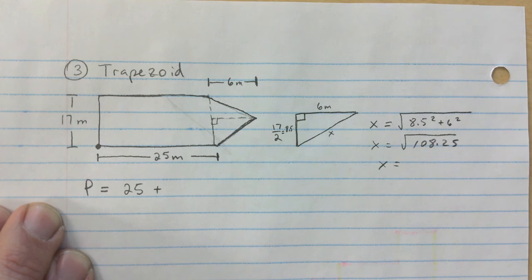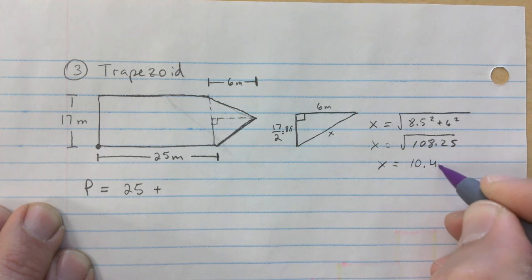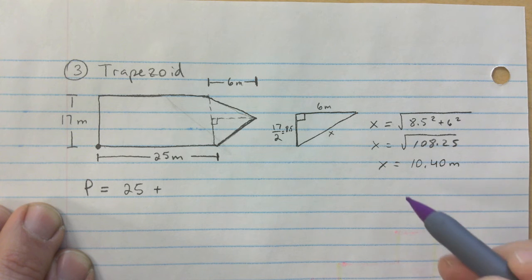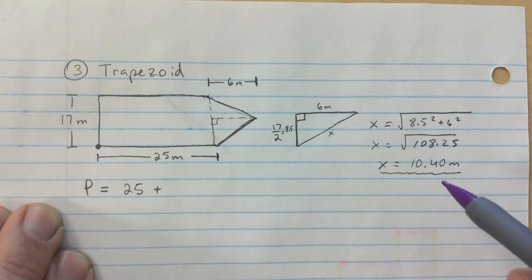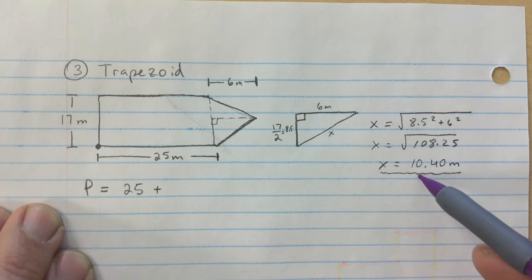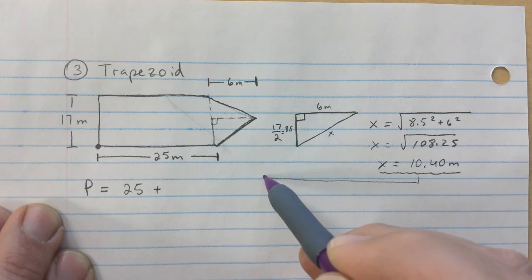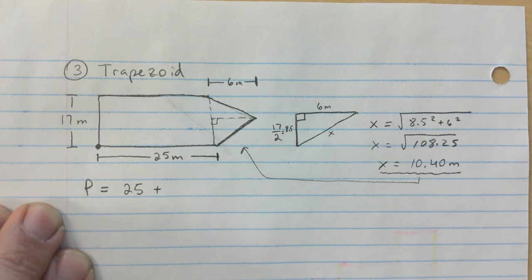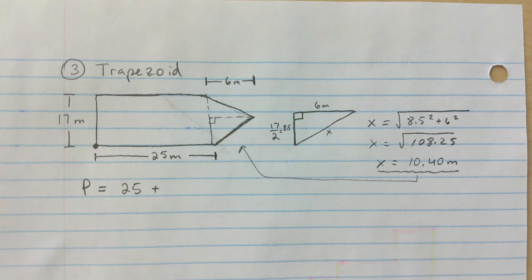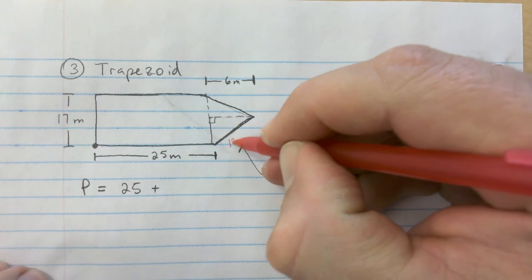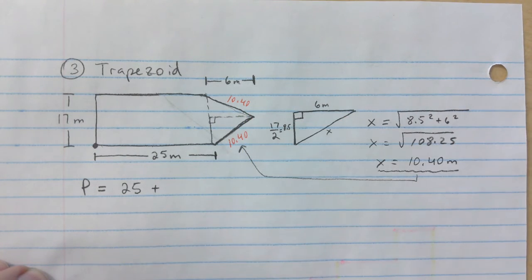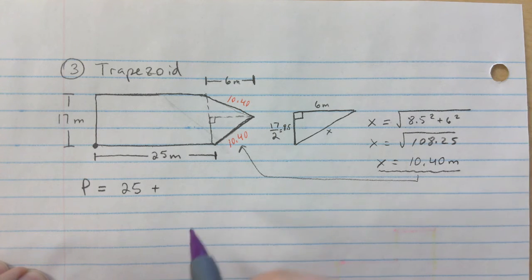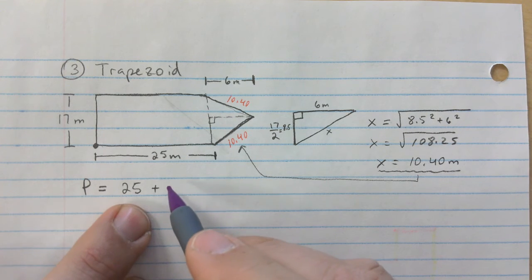That's 108.25, and that's 10.40. So now we know, right, that that side is 10.40. And this is also 10.40. So let's continue with our perimeter journey, right?